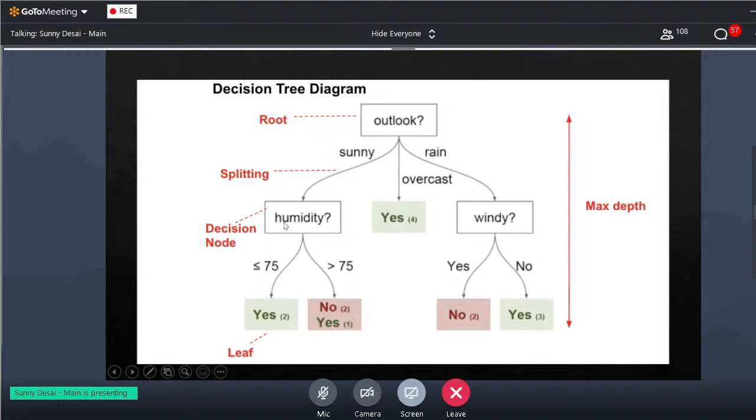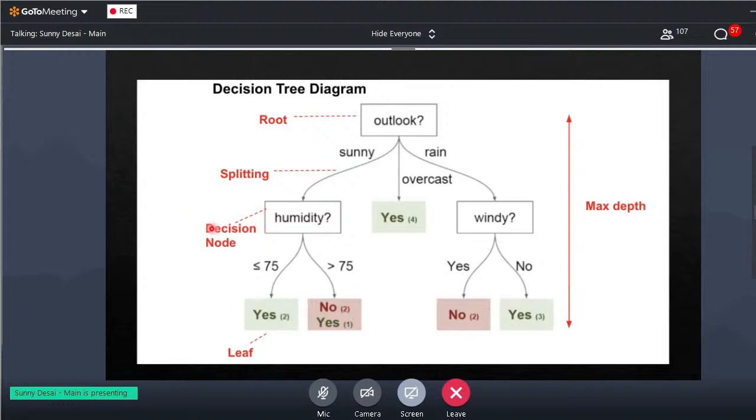Now, on the screen, you can also see something known as a decision node. Are you all able to see this decision node? I believe there is some lag between what I'm saying and doing on screen and what is reaching you. But this is a decision node. Why is this branch known as a decision node?